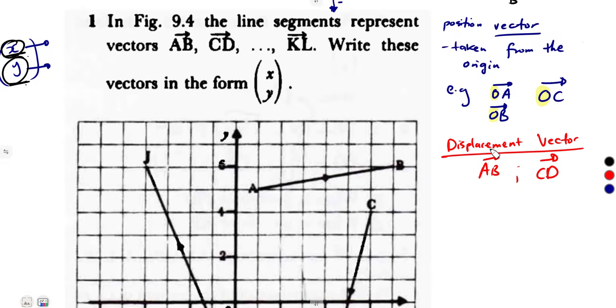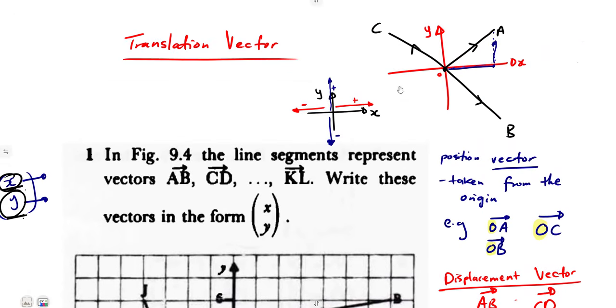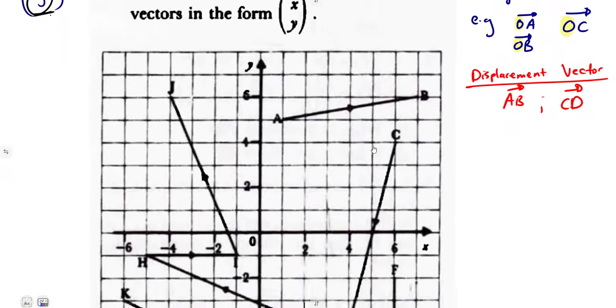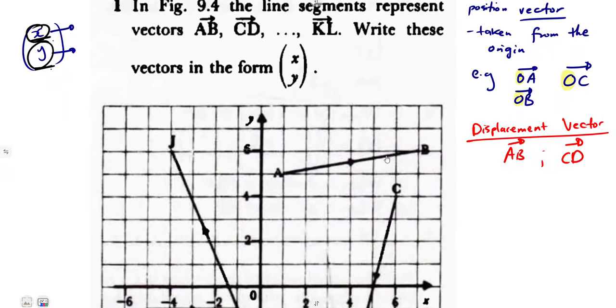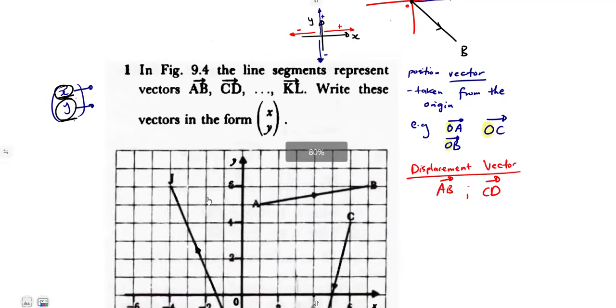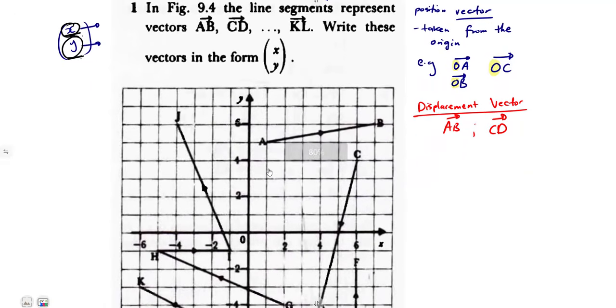Likewise, we can represent these as column vectors, just like from our translation vector concept. So this is the part that I want us to focus on. In this exercise, we were being asked to write these vectors in the form x, y like this, in that format.